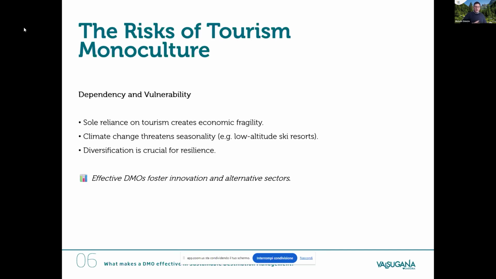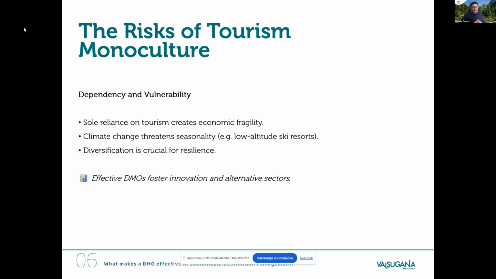Destinations solely reliant on tourism are vulnerable to economic crisis, in particular in a monoculture, and to shifts in travel trends. Or, for example, when we talk about climate change in the monoculture, climate change is a big problem.